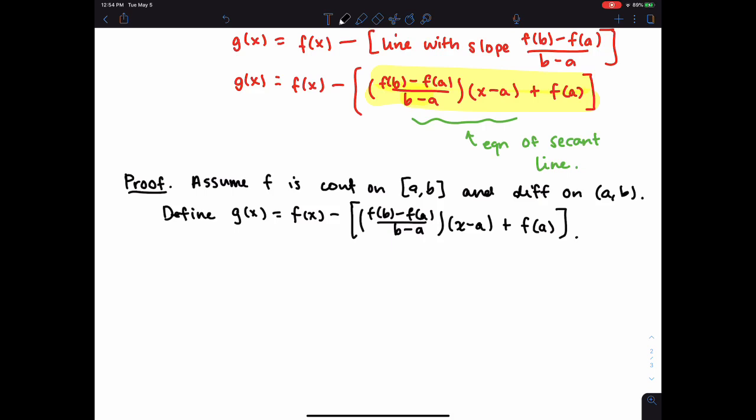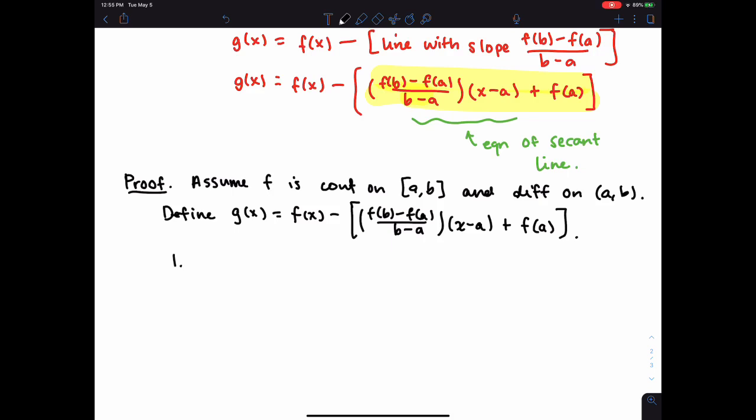Now remember, the first thing that we need to do is make sure that g satisfies the hypotheses of Rolle's theorem. So we need to check continuity on the closed interval, differentiability on the open interval, and we need to make sure that g of a equals g of b.